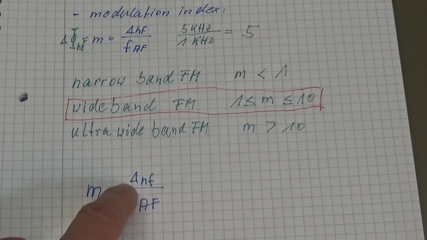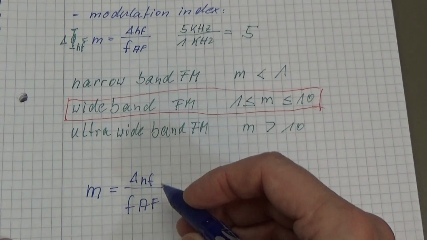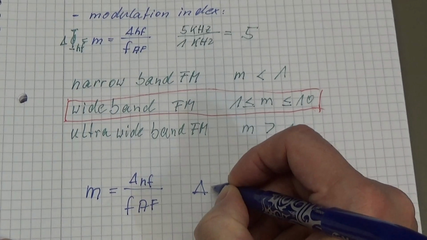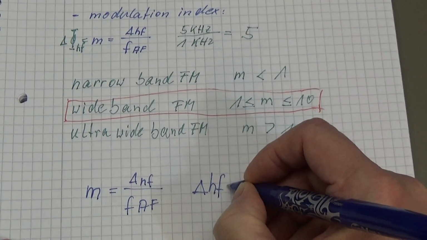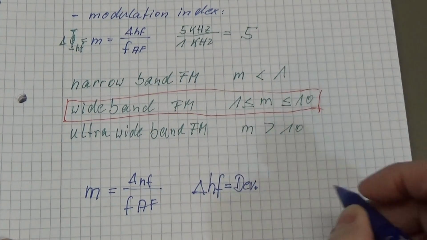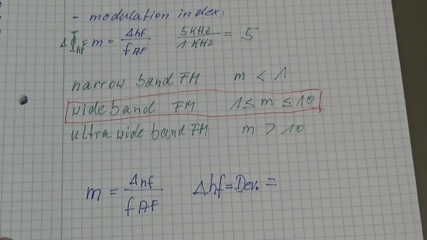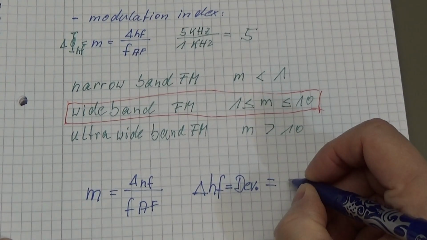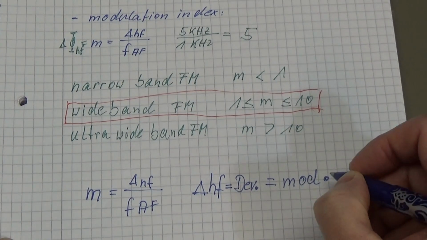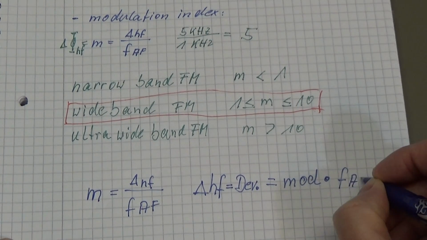Okay, because that is finally our deviation, and that means if we convert it here, delta HF, the same as our deviation, is the same as our modulation index times our F audio.